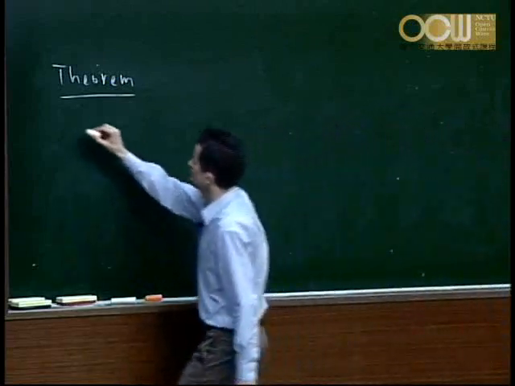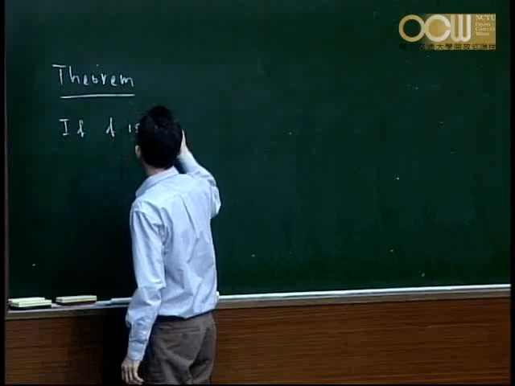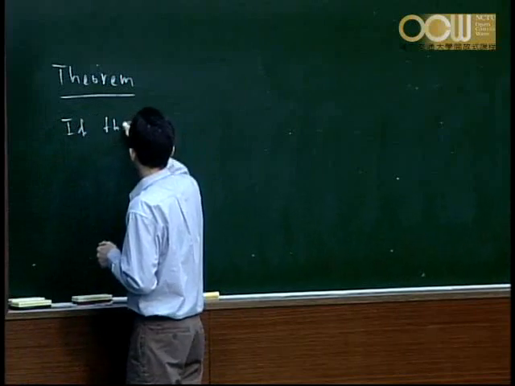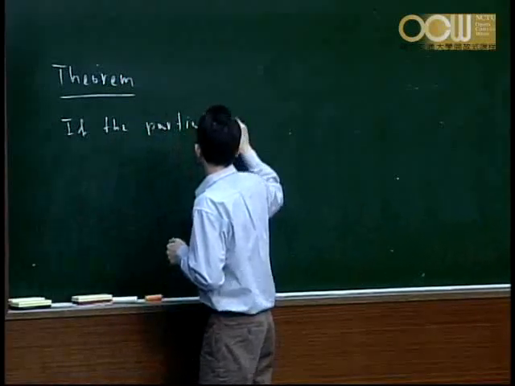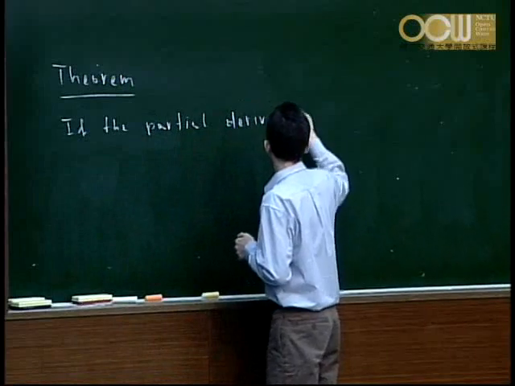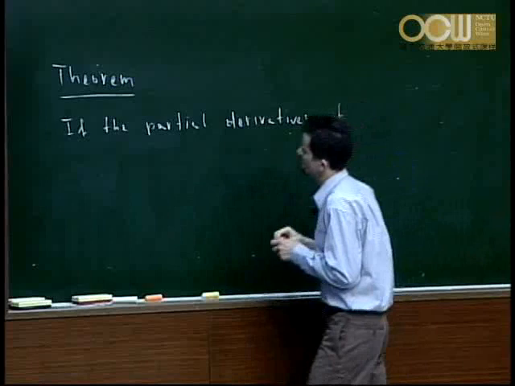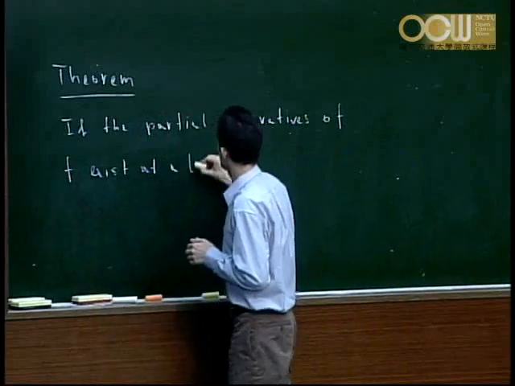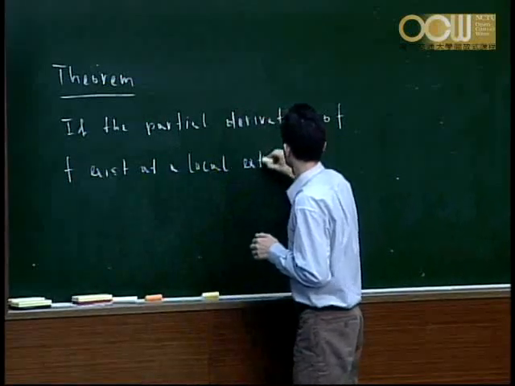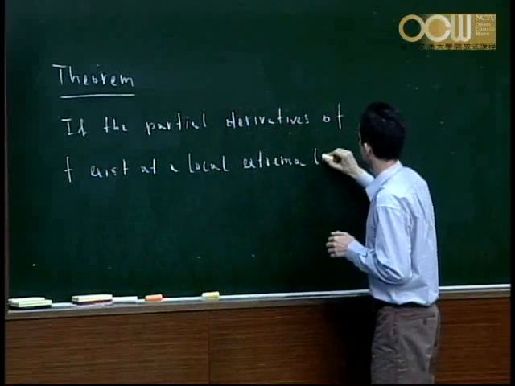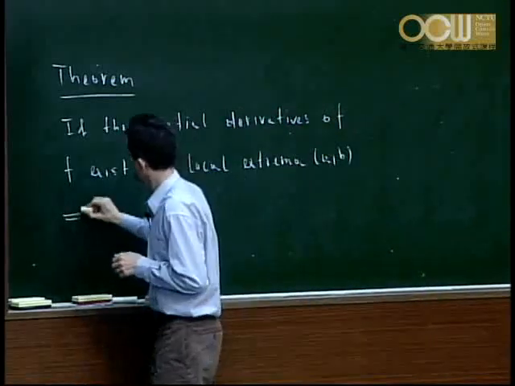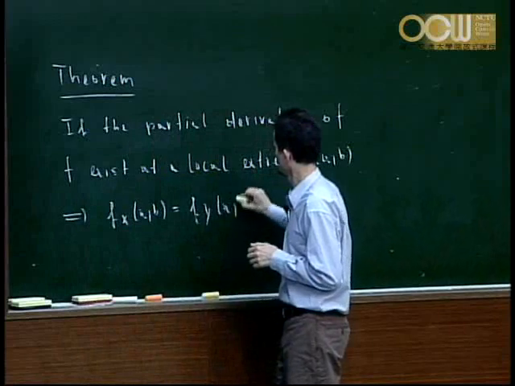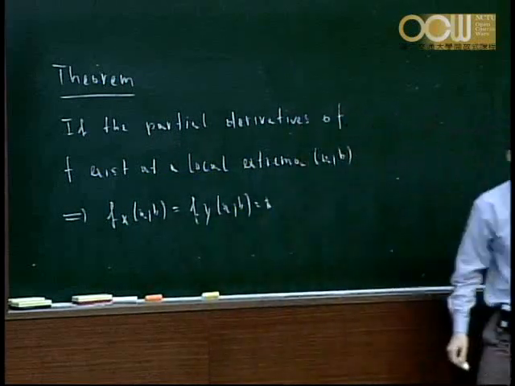So if f is differentiable, sorry, I should say, if the partial derivatives of f exist at the local extrema a, b, then both of them must be equal to 0.